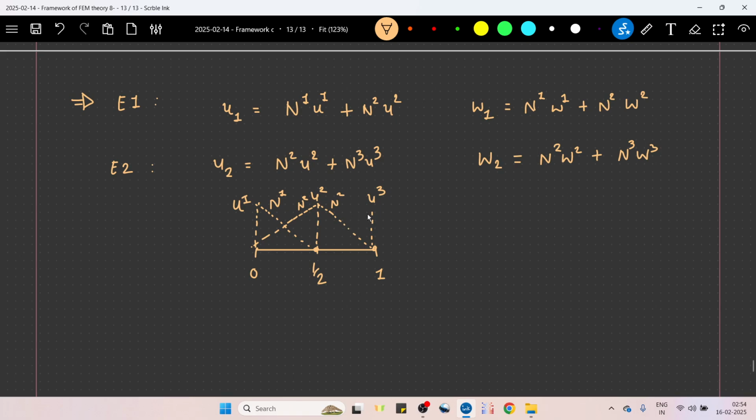Shape function n3 should be 1 at node 3 and 0 everywhere else. So this is n3. The same functions are going to be used for u and w, right?